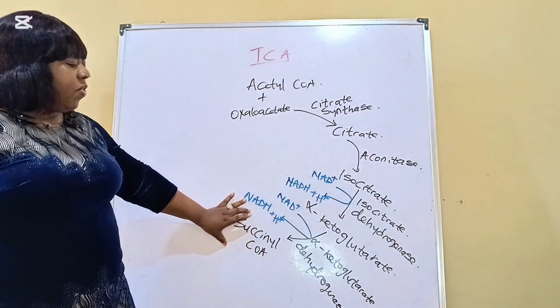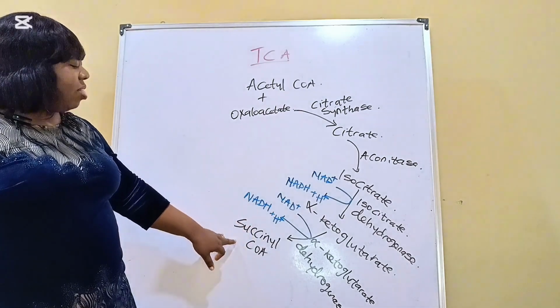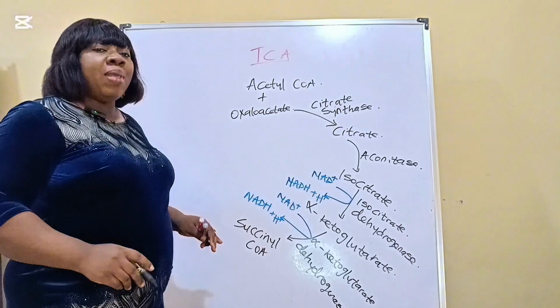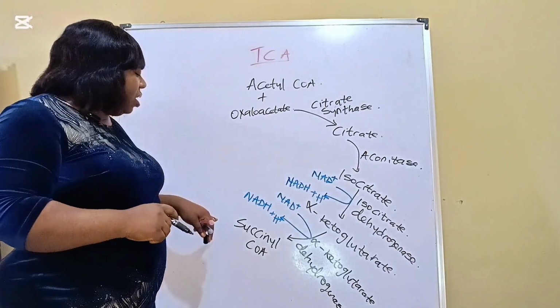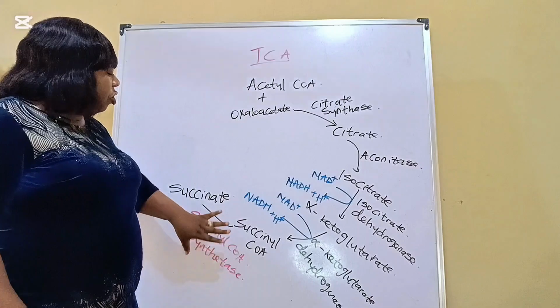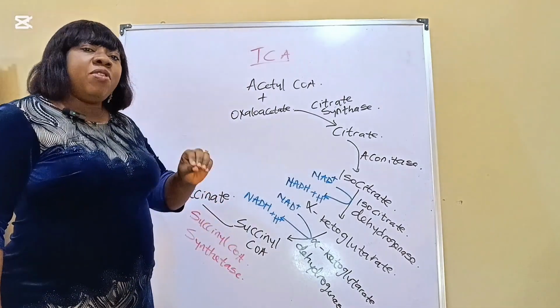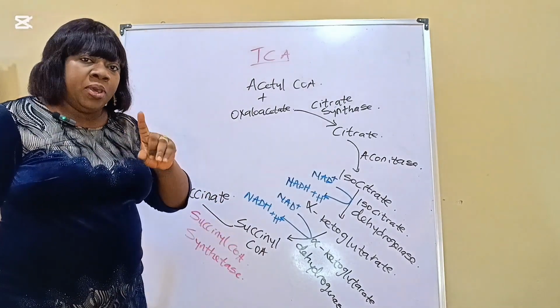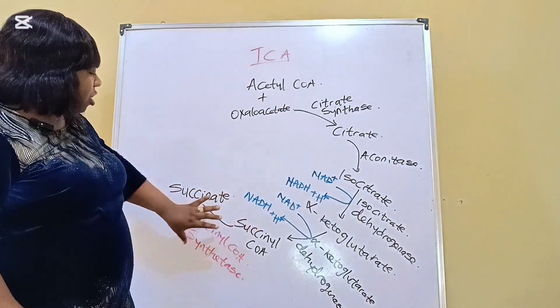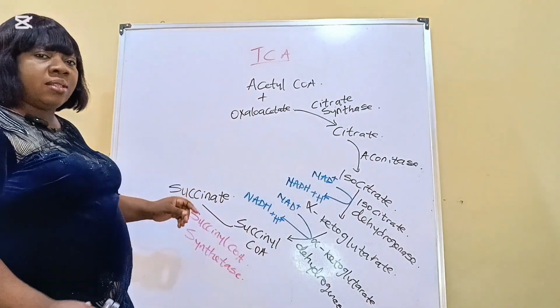Succinyl CoA from this reaction will further be converted to succinate, and the enzyme that helps us to catalyze that reaction is succinyl CoA synthetase. In this reaction also, there is production of GTP. One molecule of GTP is produced from this reaction, succinyl CoA to succinate.